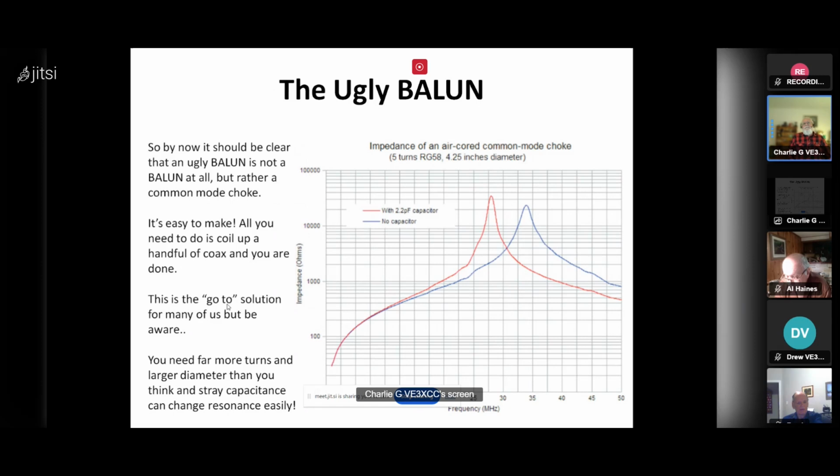So the first thing when we dig into our toolkit of how the heck we stop this stuff from coming back into the shack is we make an ugly balun. I think everybody's made one of these at least once. It's one of my favorite go-tos, because they're incredibly easy, right?